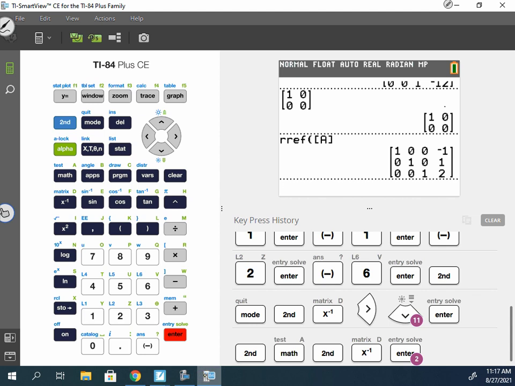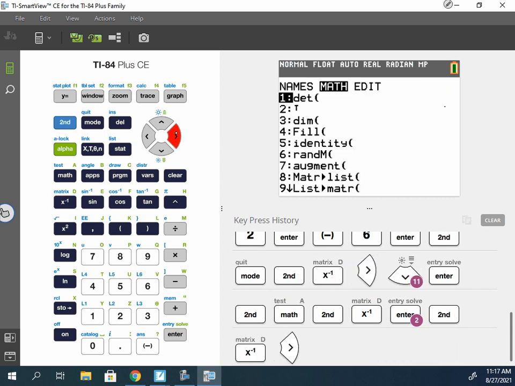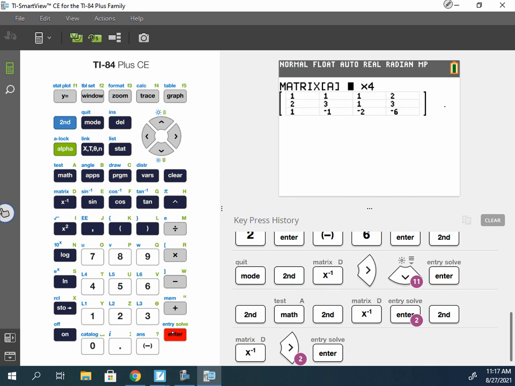So what was our first step? Second matrix. Erase all that. So second matrix, and then edit, enter. Now since it's still a 3 by 4, the dimensions are still the same, we can just hit enter, enter, and go down and input the first row.